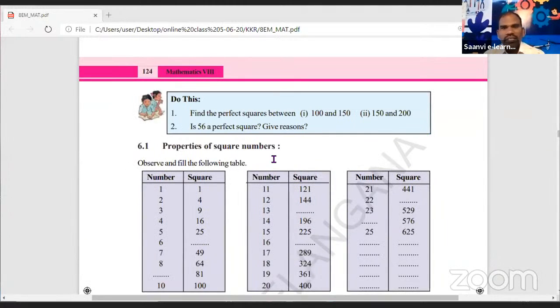See this, do this. Find the perfect squares between 100 and 150. Up to 100 we know. 100 means 10 into 10. Next, 11 elevens are. 100 to 150 we should see.